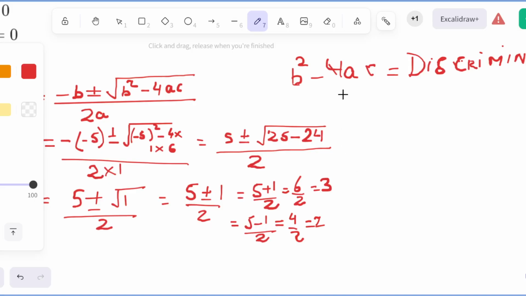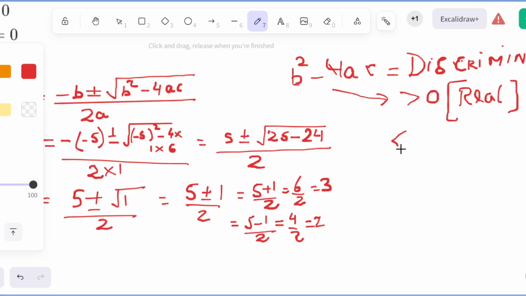So if the discriminant value is greater than 0, as in the case of this example, here the discriminant value came out to be 1, right? b square minus 4ac was 1, isn't it? Which is greater than 0. You will get real roots, nothing but the values. You get the real values.